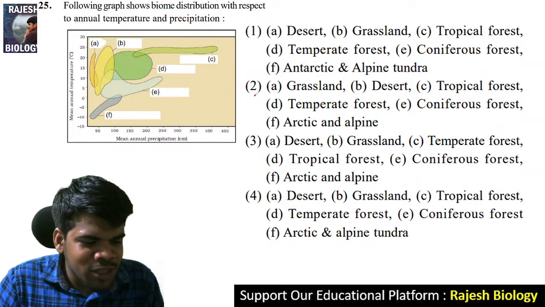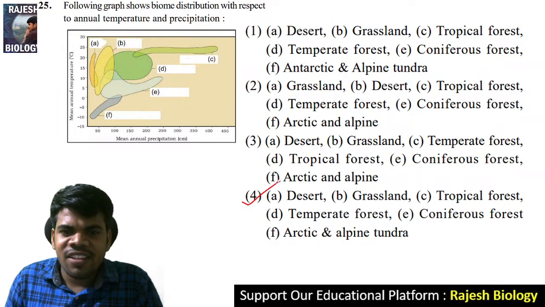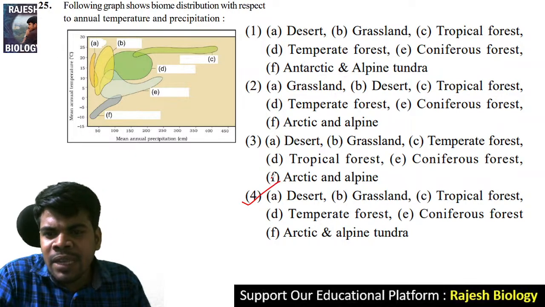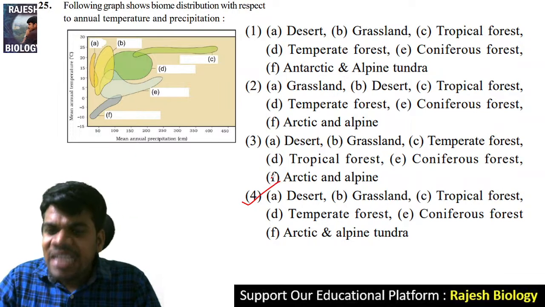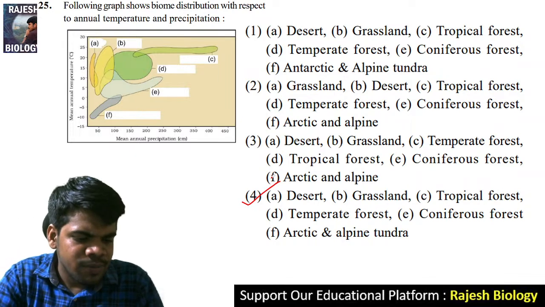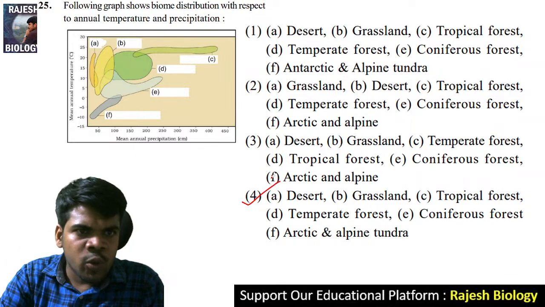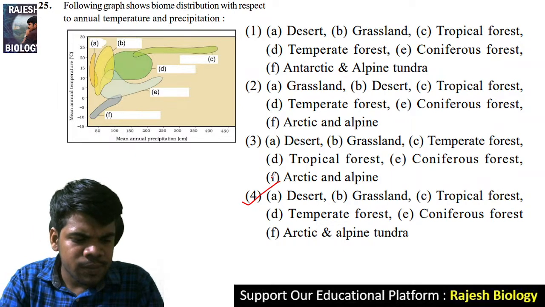Yeah, Sai Gopal, correct. A. Desert, B. Grassland, C. Tropical forest, D. Temperate forest, and E. Coniferous forest, and F. Arctic and alpine tundra. So, fourth one is the right answer. Yeah, Gnaneshwari, correct.